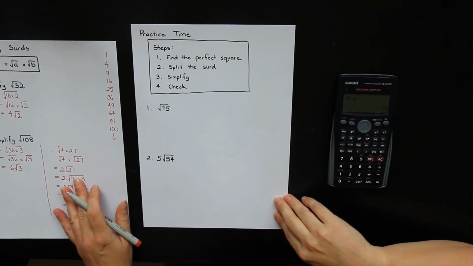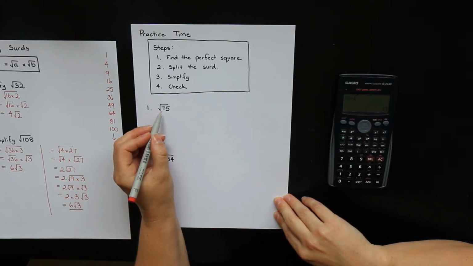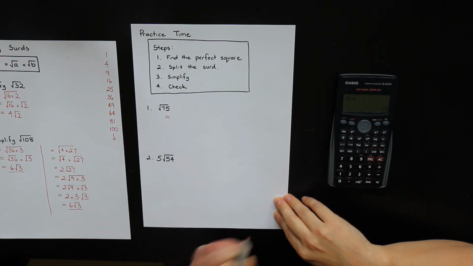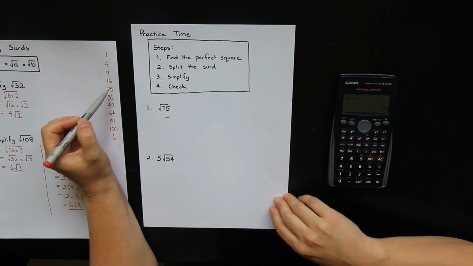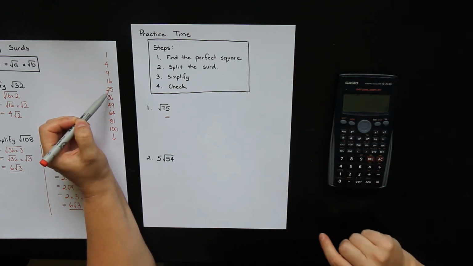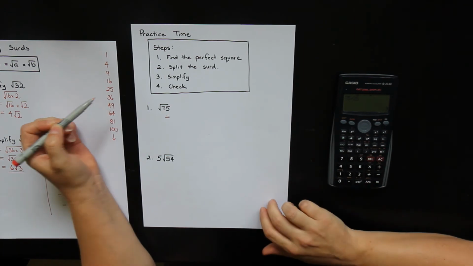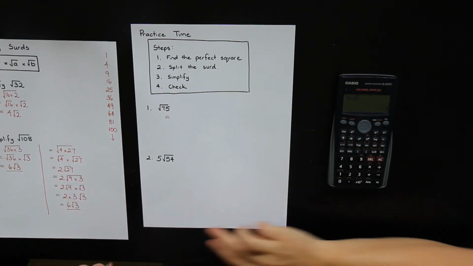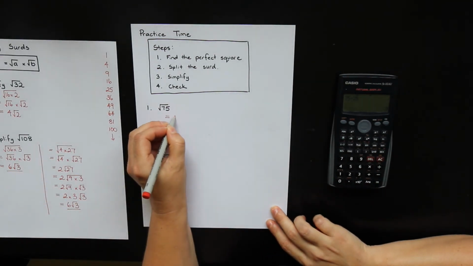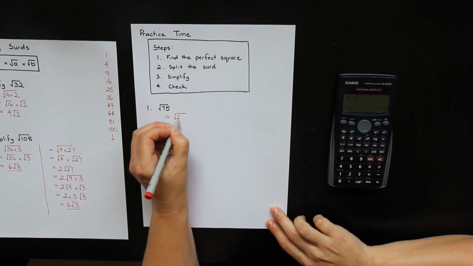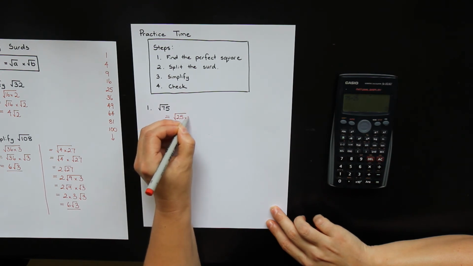Okay, hopefully you've had a try. Let's have a look at this question. Square root of 75. Looking through your square root numbers, hopefully you found 25. The square root of 75 is the same as 25 times by 3.